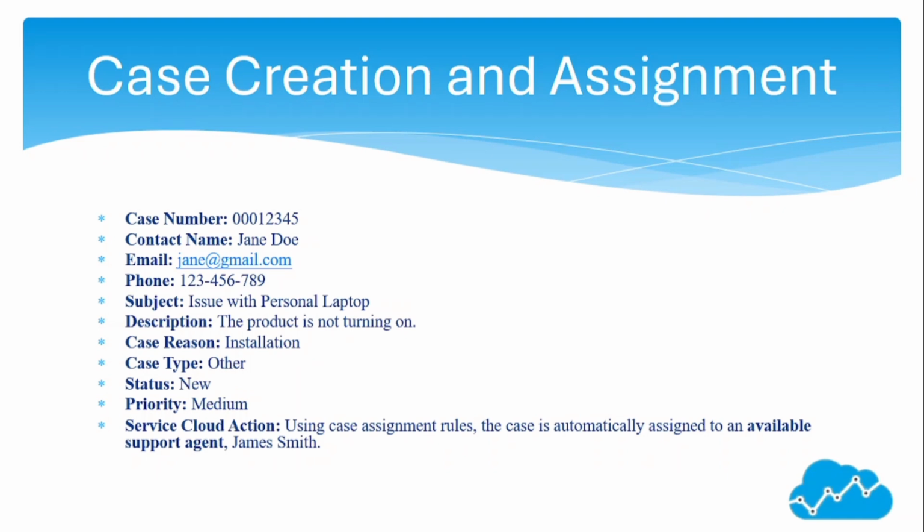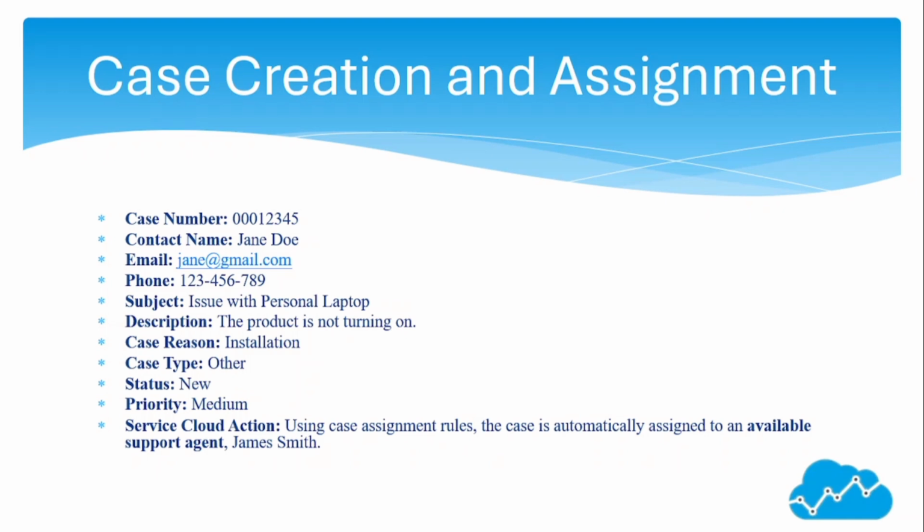So in Salesforce all the information is getting captured in the case object, and by our automation the CSM is getting notified, and again the case owner is also getting notified. So the case number is like one random number, the contact name is Jane Doe, one person.